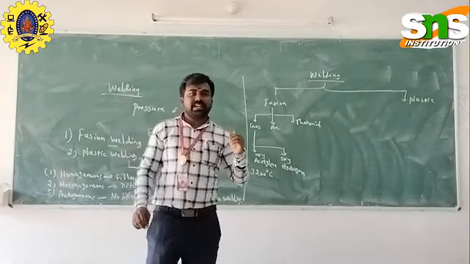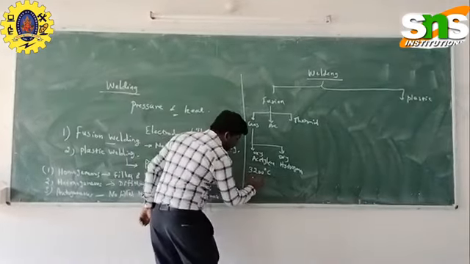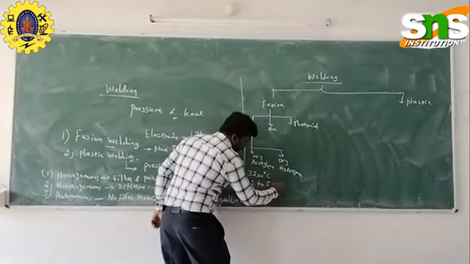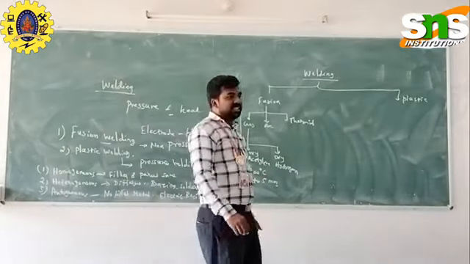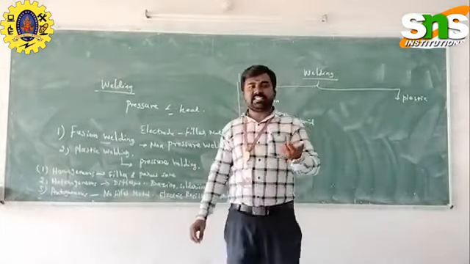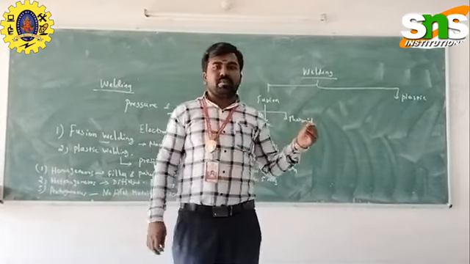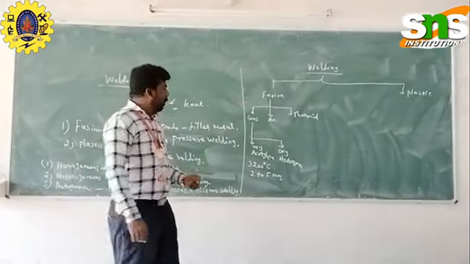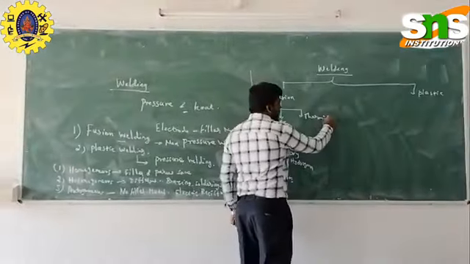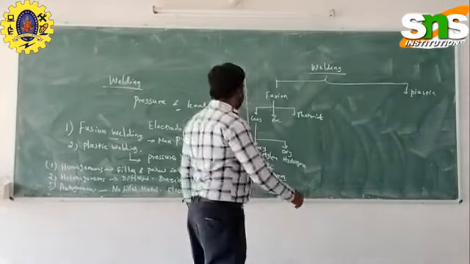This welding is suitable for materials of 2 to 5 mm thickness. In oxy-hydrogen welding, instead of oxygen and acetylene, a mixture of oxygen and hydrogen is used for producing the flame. This process is suitable for low temperature applications. Then thermit welding, as we already know, is used to weld railway tracks.